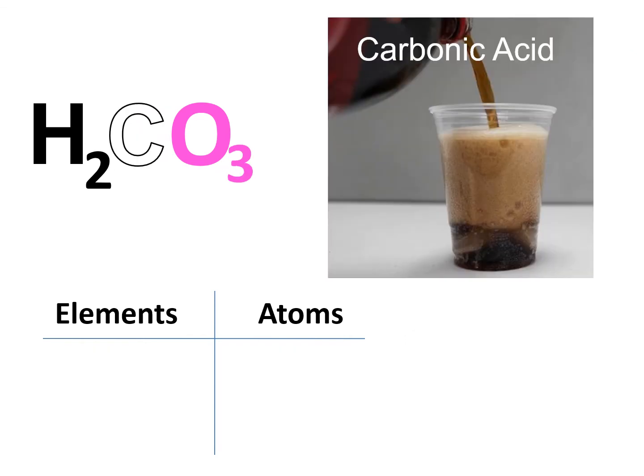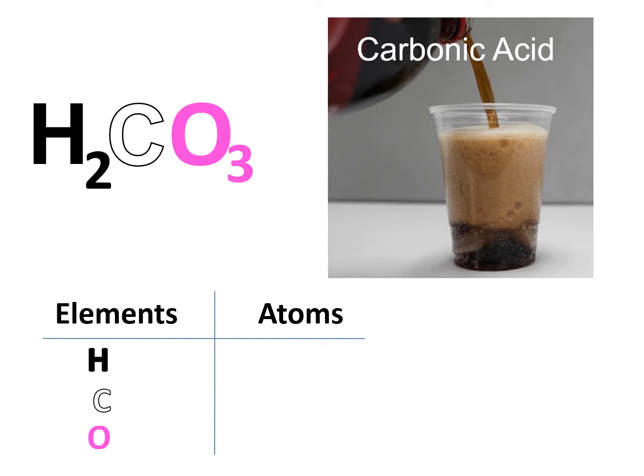Here we have carbonic acid. Carbonic acid's chemical formula is H2CO3. How many elements do we have in carbonic acid? We've got a capital H, a capital C, and a capital O. Okay, so we've got 3 different elements there.